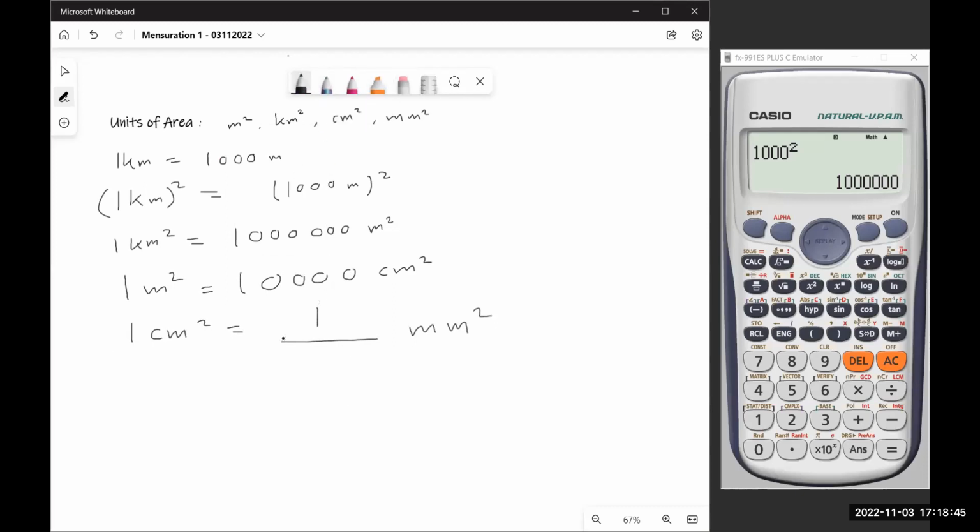Is it 10 into 10 or 100? I have two options here, A and B. Whoever has the answer as A, 10, or B, 100. First, the ones with option A, say yes.